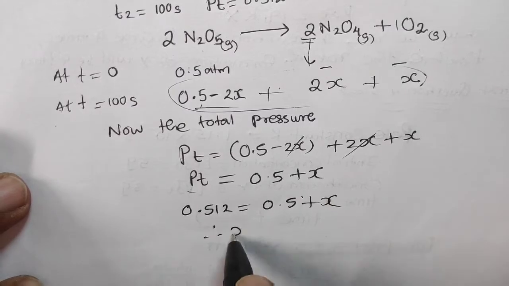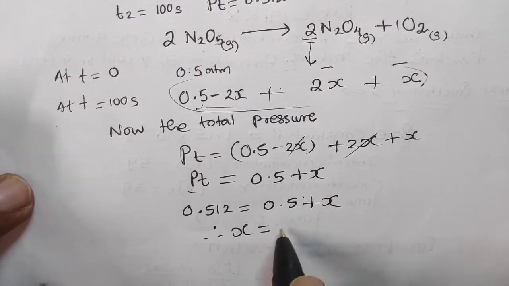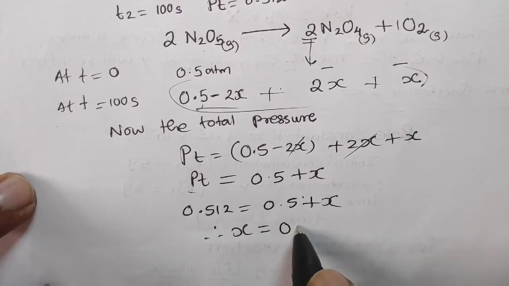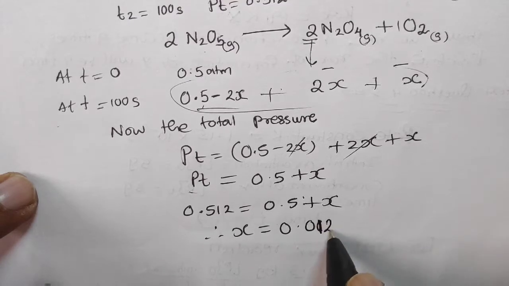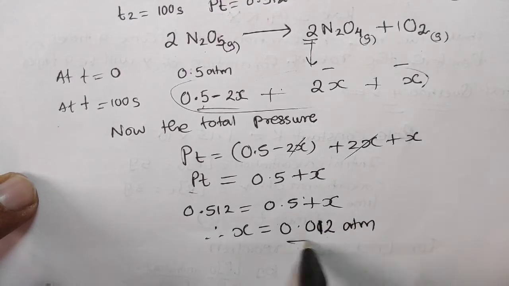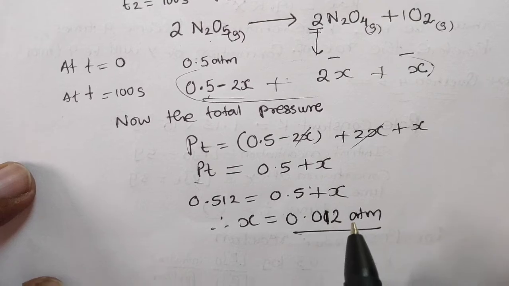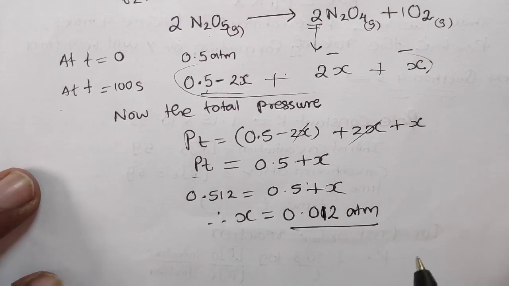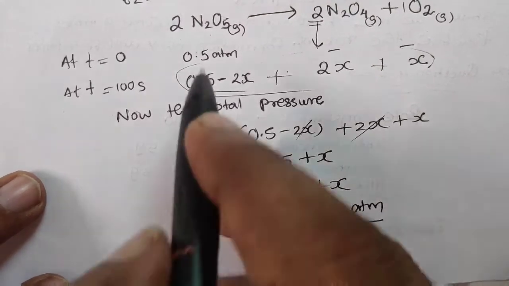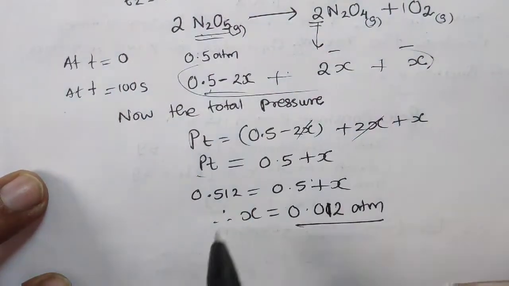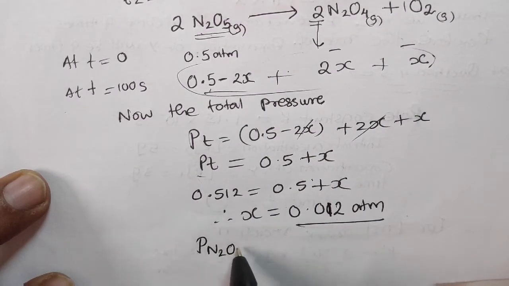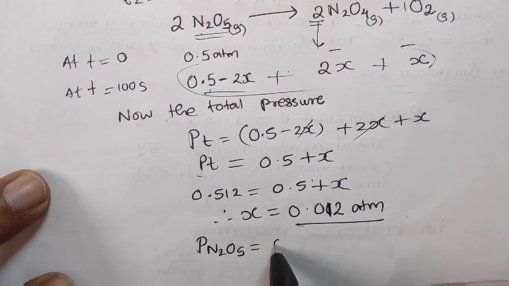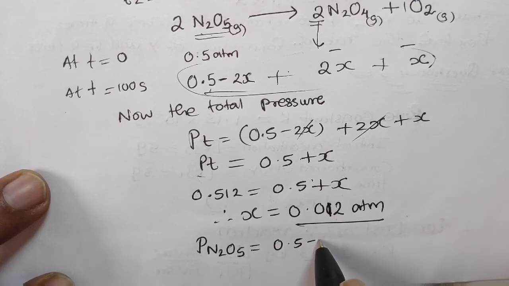So therefore x is equal to 0.012 atm. Clear, x value. Now from x you can calculate the partial pressure of N2O5. The partial pressure of N2O5 is equal to 0.5 minus 2x.